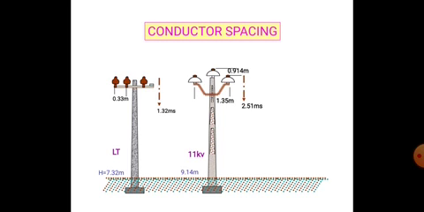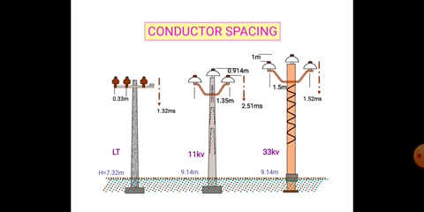For 11 kV the conductor spacing is 1.35 meters. For 33 kV it is 1.5 meters for conductor to conductor spacing.